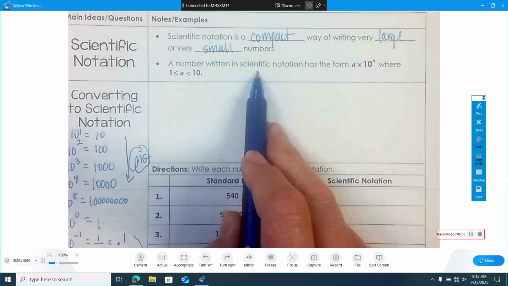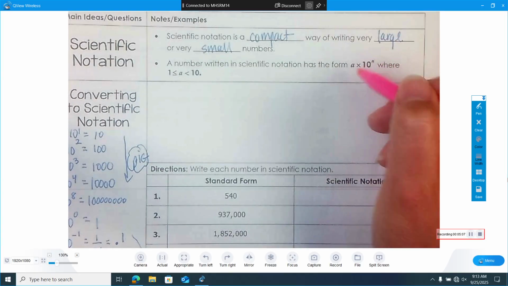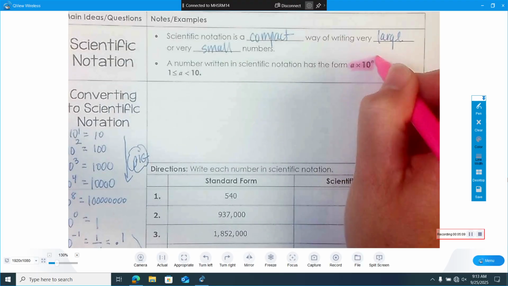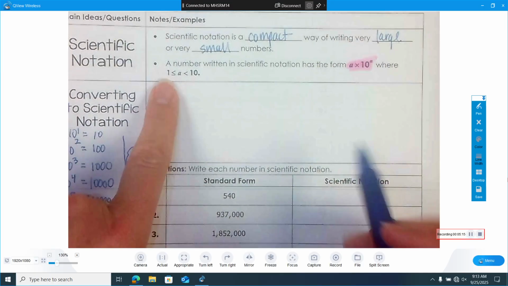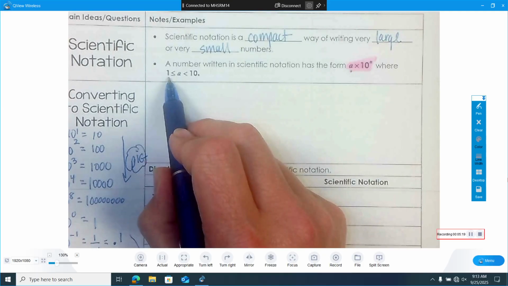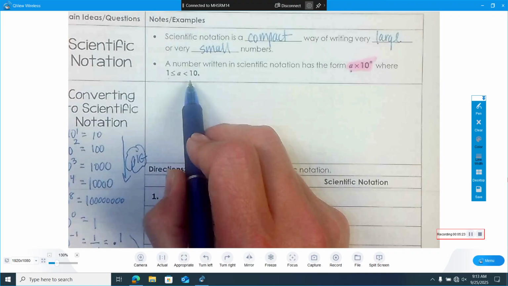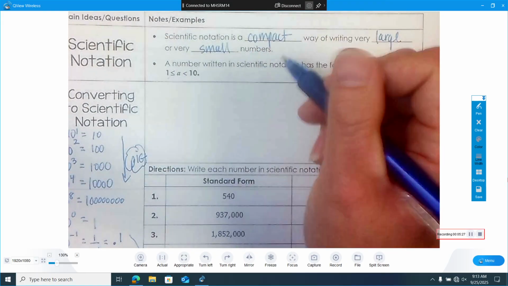A number written in scientific notation has the form a times 10 to the n, where a is a number greater than or equal to 1 but less than 10, and that's very important.